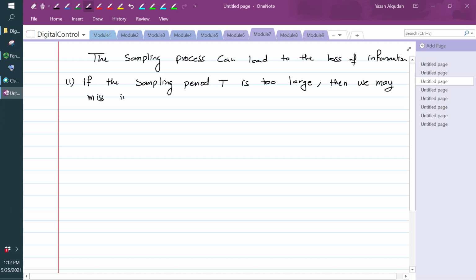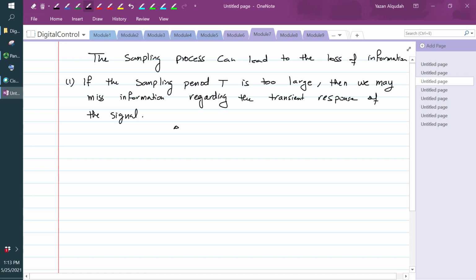We miss information regarding the transient response of the signal. What does that mean? Let's look at this example.